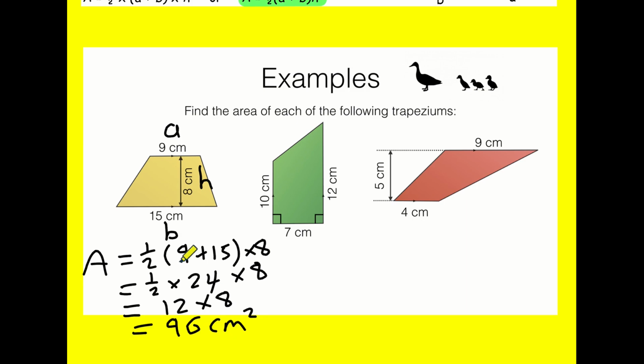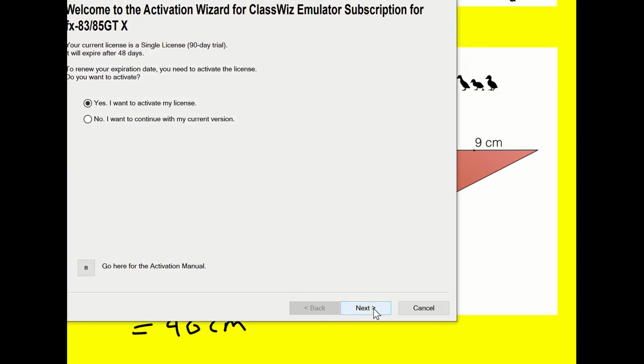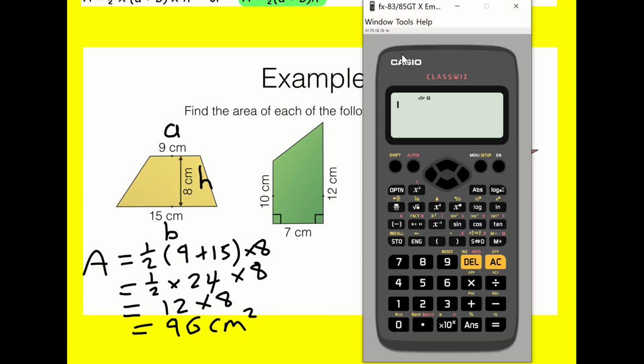Just going to load up my calculator, just bear with me, okay? Here we go. So if I wanted to work this out, I could do it like this. I could get the fraction button, then do 1 over 2, press right, then do times, and then get my brackets, 9 plus 15, close brackets, and then multiply by 8.